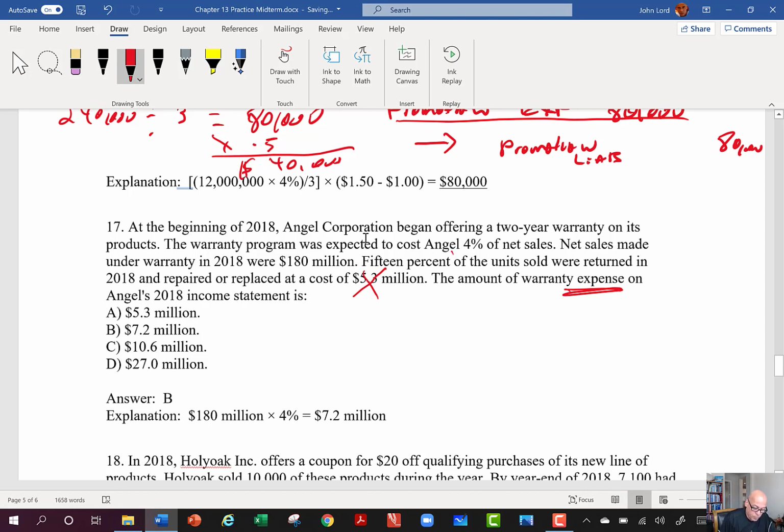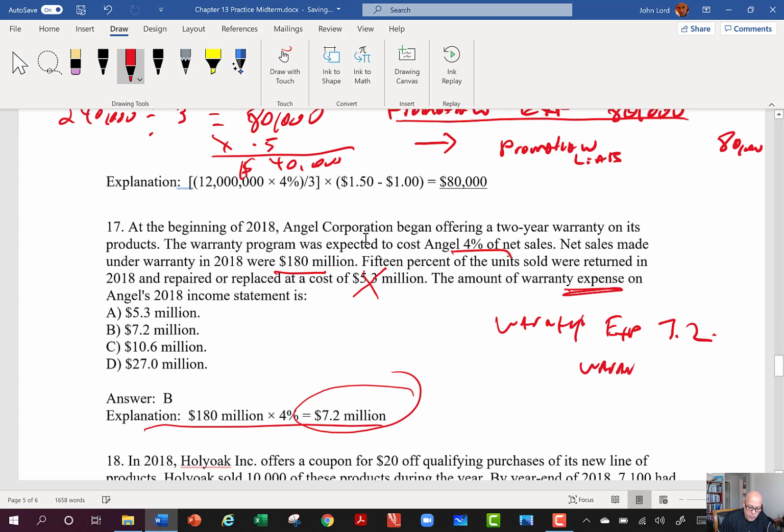And since they say it's 4% of sales of 180, you can see the calculation down here, we would debit warranty expense, 7.2 million, okay? And then we would credit warranty liability. What is it? 7.2 million.